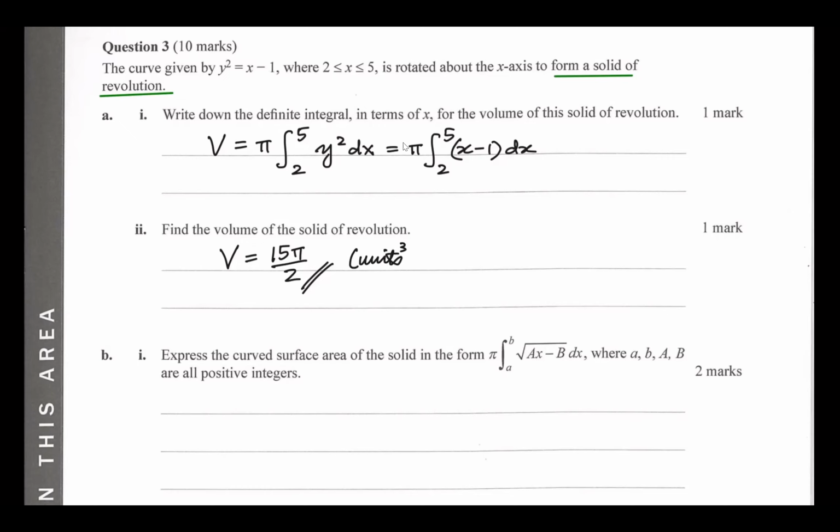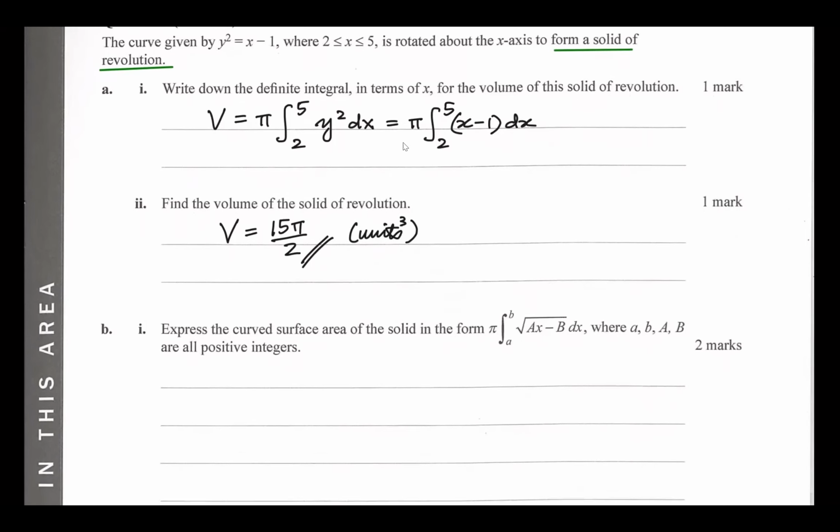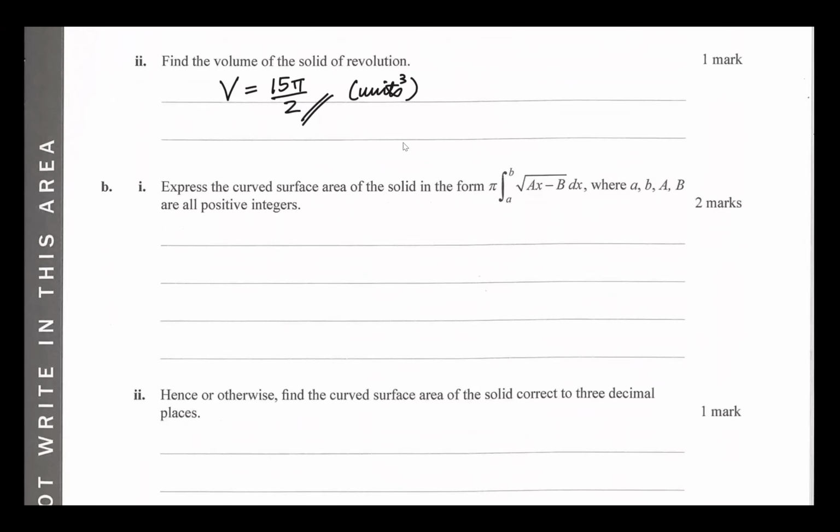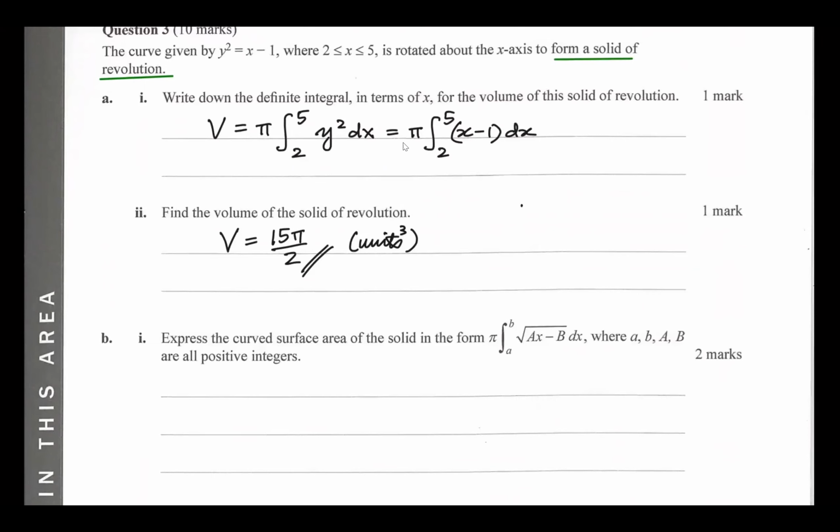It doesn't specify any units, so I just write units cubed here. And then you want to express the curved surface area of the solid in this form. Well, to make better sense of that, when you chuck in 2 here, y squared will be 1. When you chuck in 5, y squared will be 4.